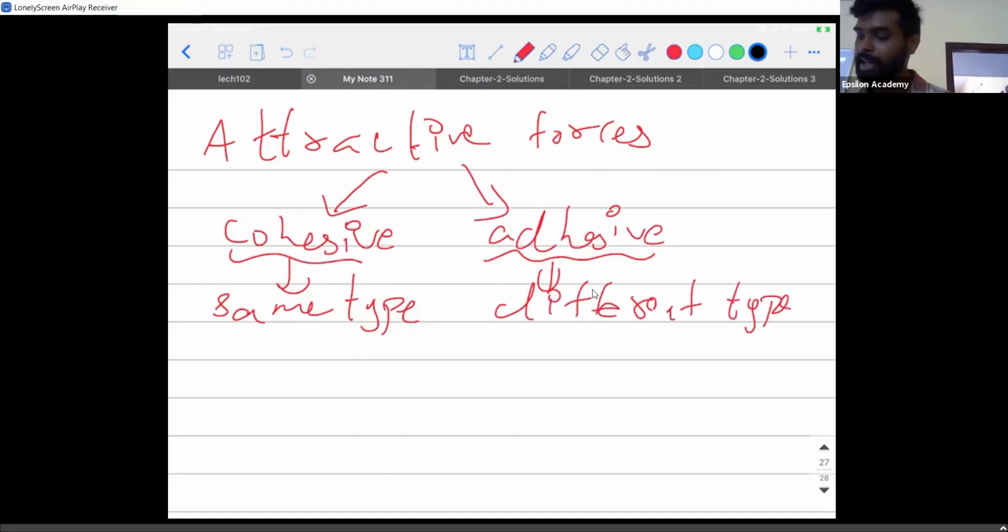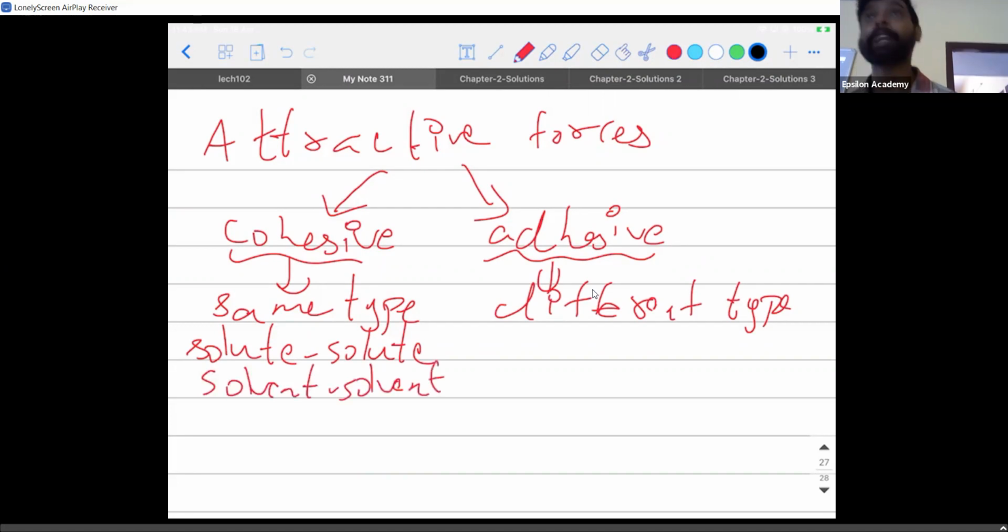So in the case of cohesive force, with respect to solution, it can be solute, solute, or it can be solvent, solvent. Now here I can have only one thing, that is solute solvent interaction.